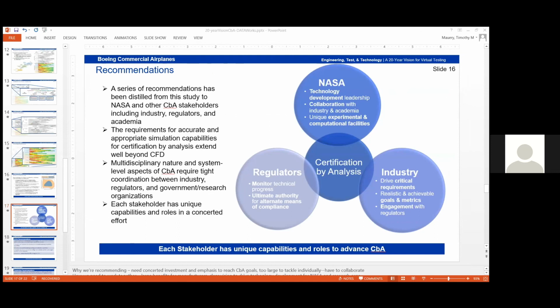It has benefits not just for industry, which are obviously easier to quantify, but it also gives research organizations like NASA their technology development and provides substantiation as to why the things they're working on are important, because they actually apply to real world aerospace problems. And we need to keep the regulators involved because they're ultimately the ones who are going to put their stamp of approval on it as a certified airplane.